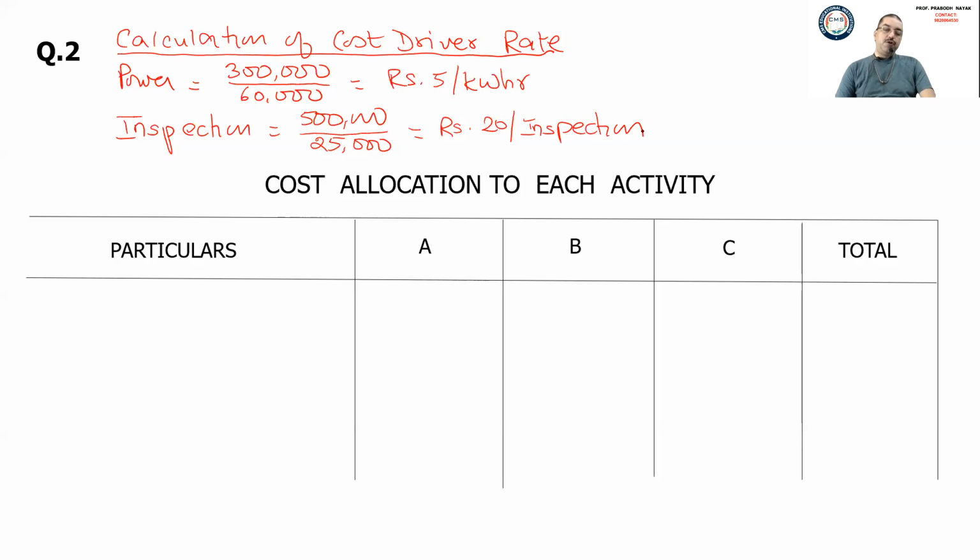Now prepare the cost allocation to each activity. Particulars in 4 columns, A, B, and C, and a total column. Let us start with power.